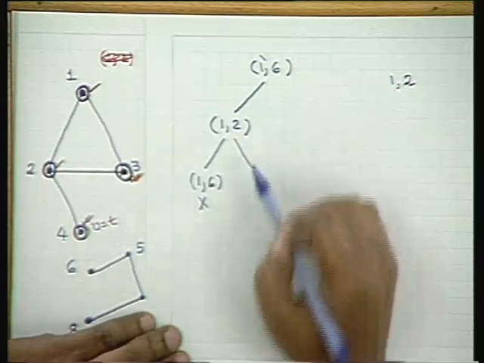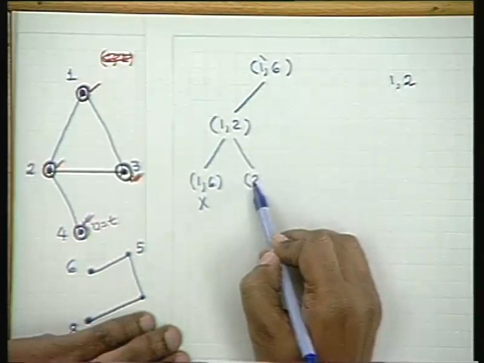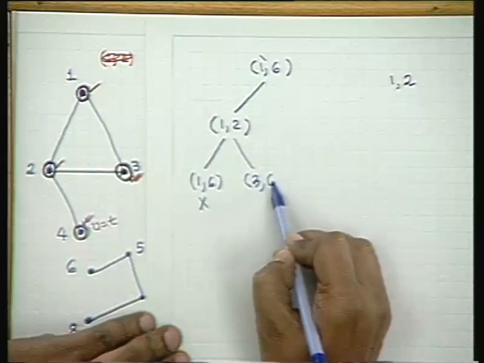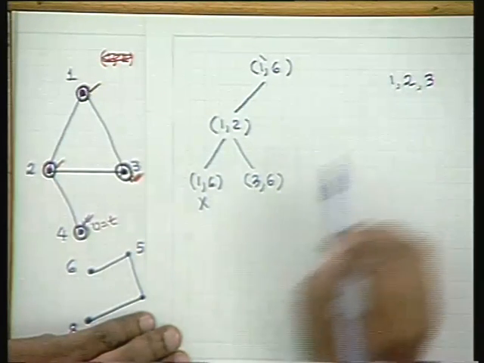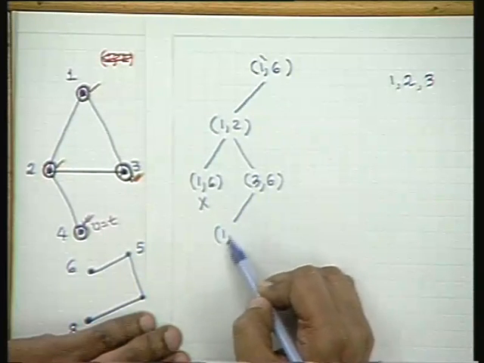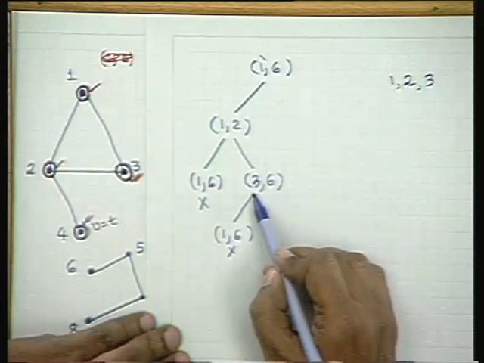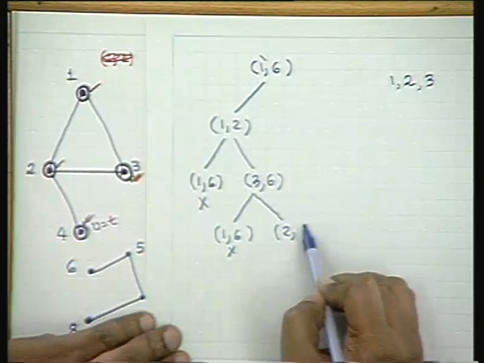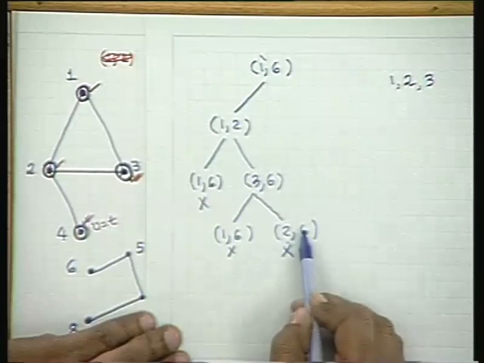We will come and see here, and we will see 2 to 3, 6. 3, 6 will mark 3 visited, and then 3, 6 will try 1, 6, but once it comes here 1 is visited, so it will not do. 3, 6 will try 2, 6. 2, 6, 2 is also visited, so it will not do this.